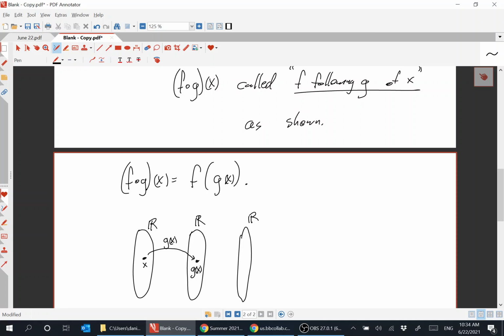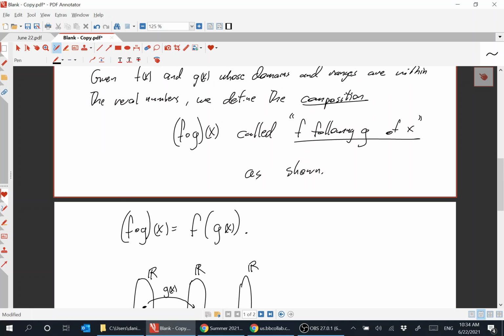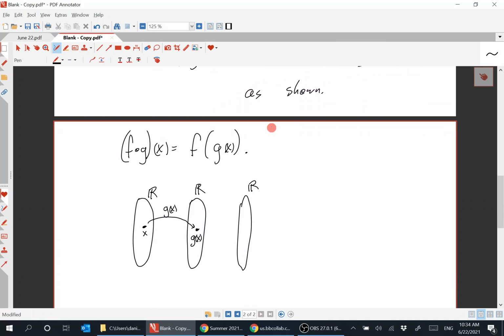And then f following g, following means that f comes after g, right? From left to right, f is first and g is second. But in terms of functions, g is applied first because it's evaluated inside out. So g comes first, then f. We take x, we apply g to it, and then we apply f to g of x like this. So this right here is f applied to g of x, which is f following g of x by definition.